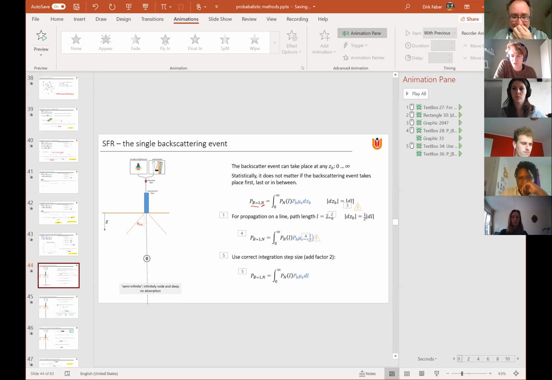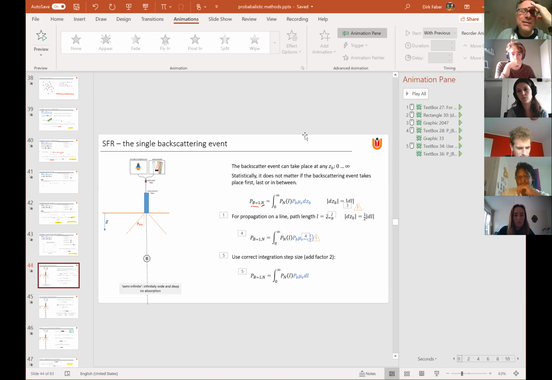The question was, shouldn't we also check that all the scattering events are normalized? In principle you're right. That's how you should do it. But if you do that, you'll find that in this case, no, that's not entirely true.